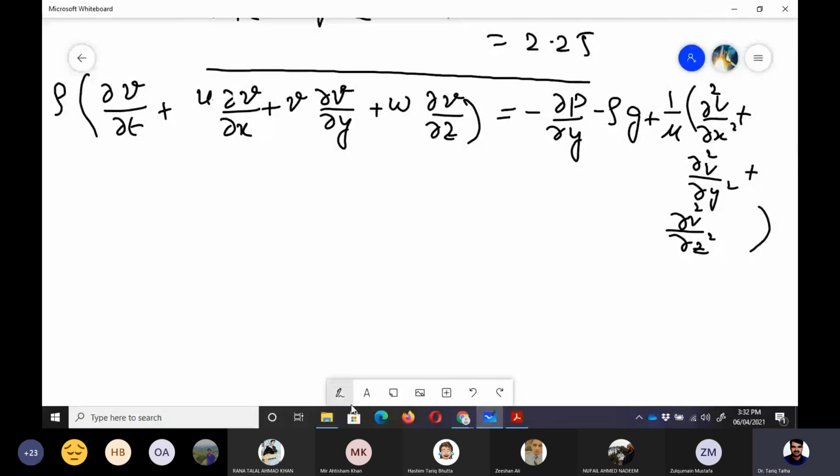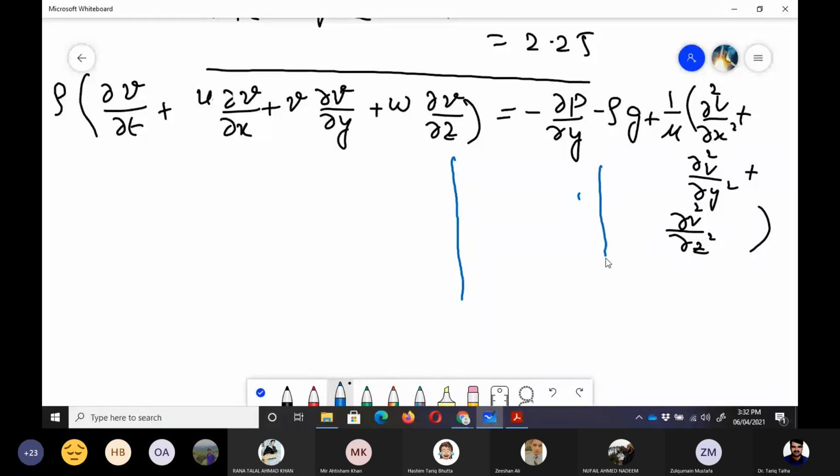Let me draw that here for simplicity of the discussion. If I draw those plates here, we are going to start the x-axis from the center, because if we see the velocity profile, it would be something like this, because it is going upward.